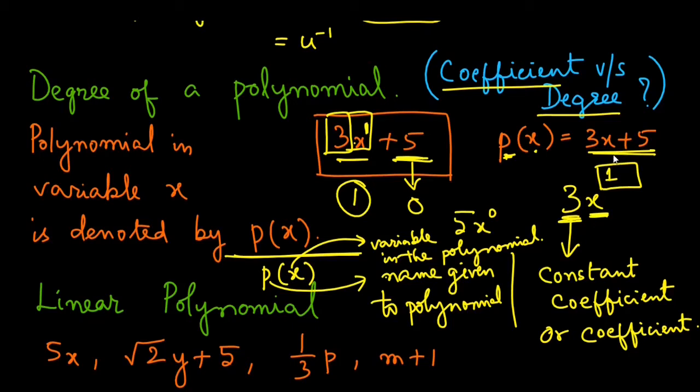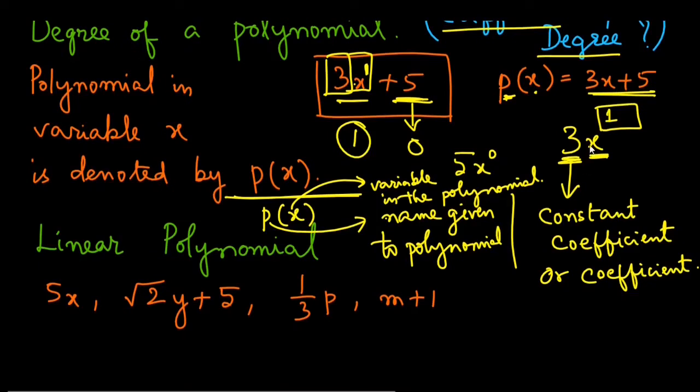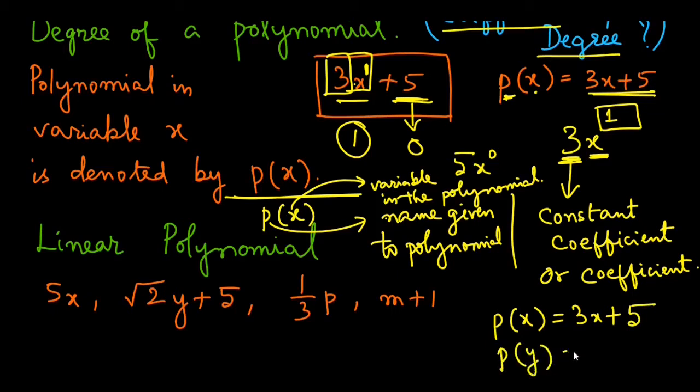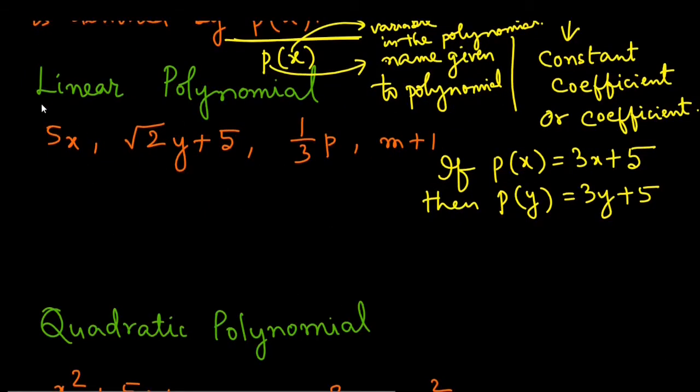So p of x means 3x plus 5 here. If we change the variable, let us say p of y, then that becomes 3y plus 5. If p of x is equal to 3x plus 5, then p of y is equal to 3y plus 5.